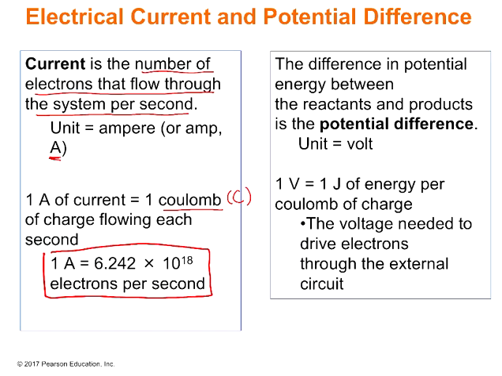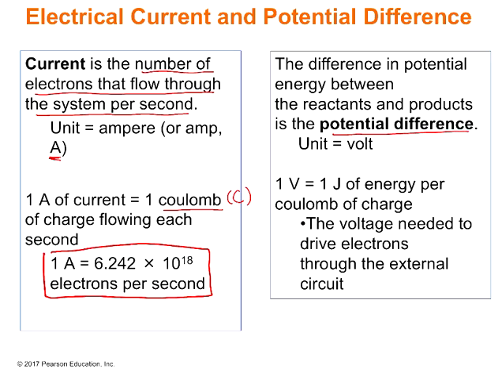And then the difference in potential energy between the reactants and products is called the potential difference. So remember, a long time ago we talked about kinetic energy versus potential energy, and kinetic energy has to do with motion, whereas potential energy has to do with the relative position of an object or of reactants.